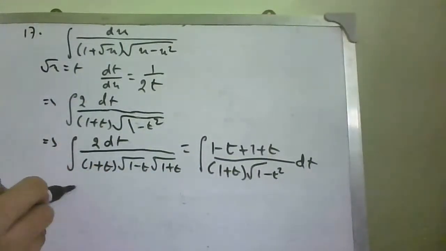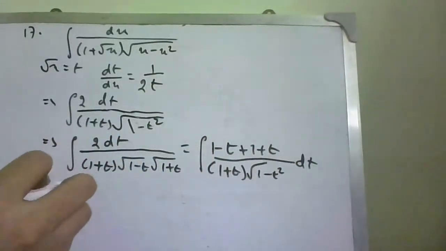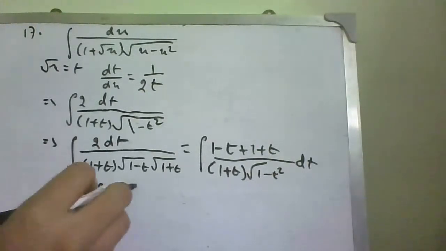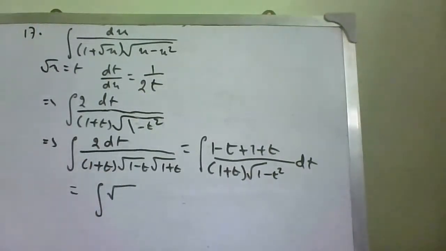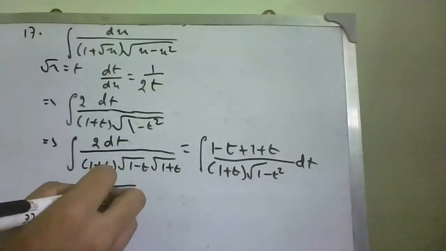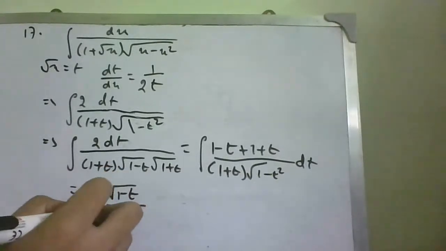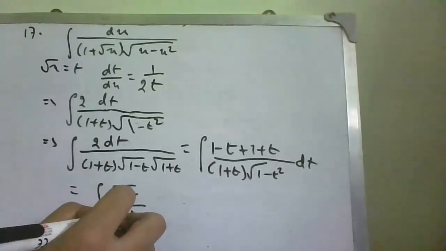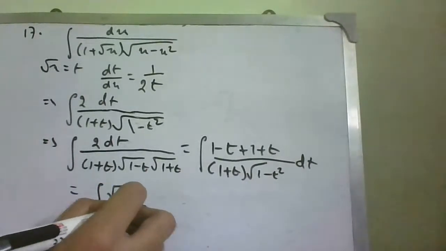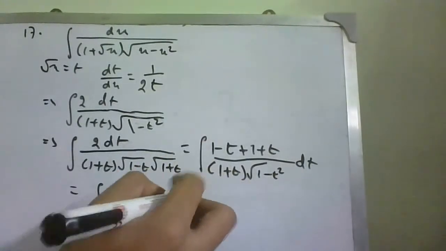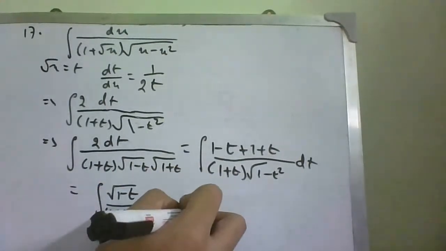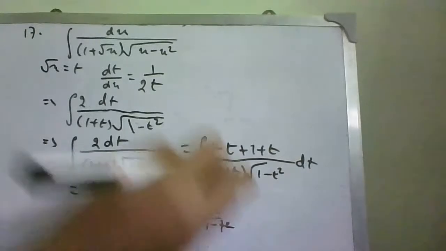So what is this basically? If we take this out, it is root over of 1 minus t over 1 plus t, root over of 1 plus t, plus dt over root over 1 minus t squared.